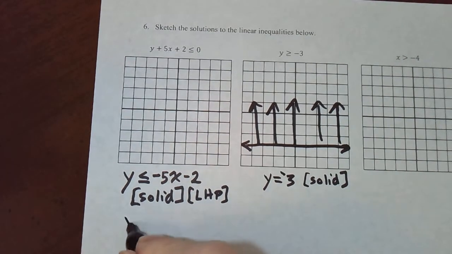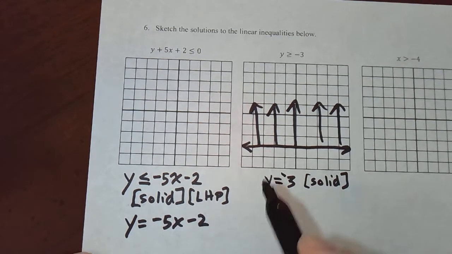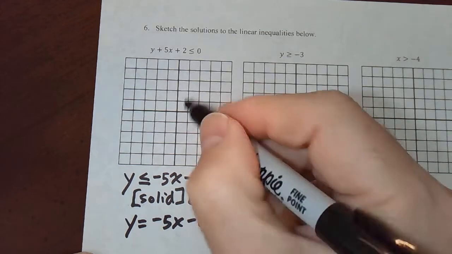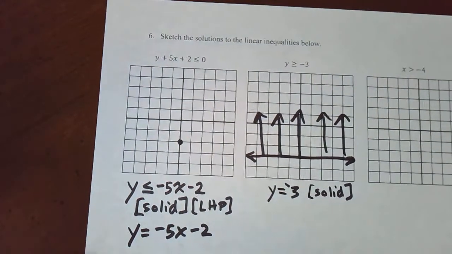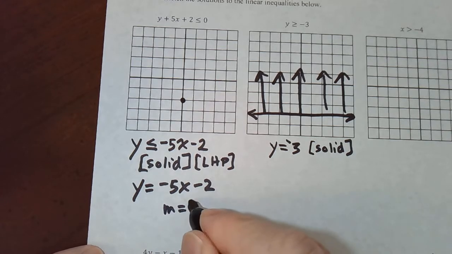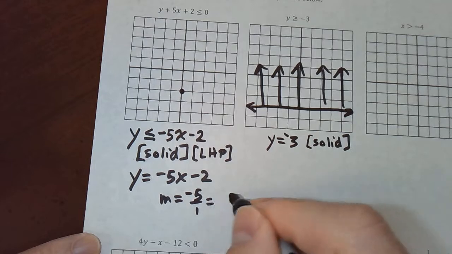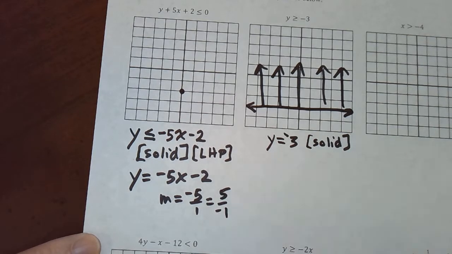So now let's graph y equals -5x minus 2 and use a solid line. So the y-intercept is -2, which is right there. And then the slope, m, is -5, which is -5 over 1, which is the same as 5 over -1, either way.